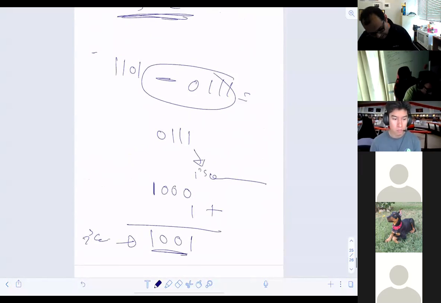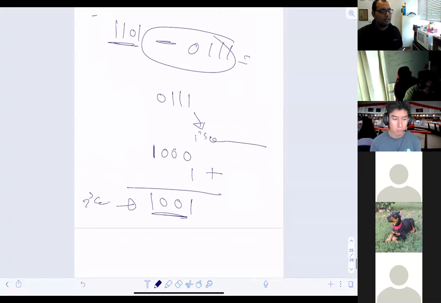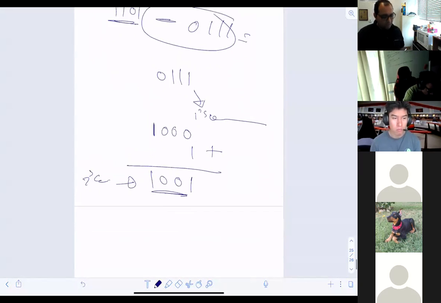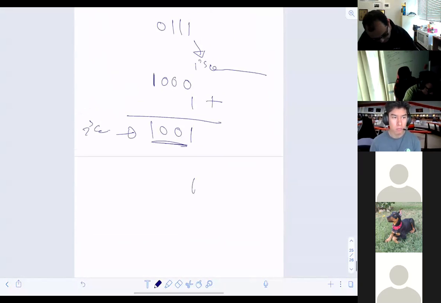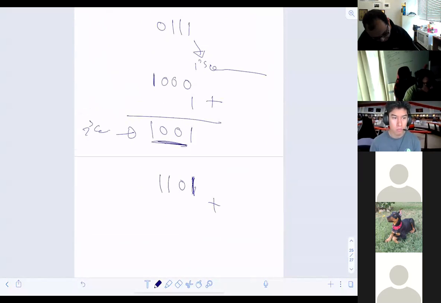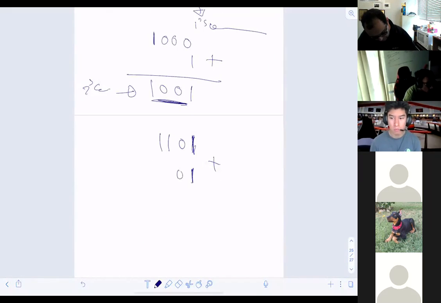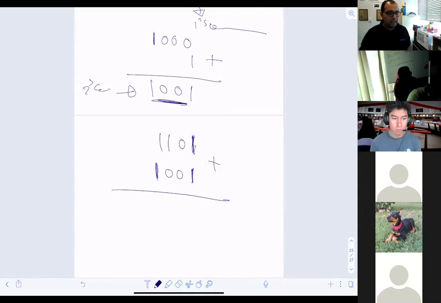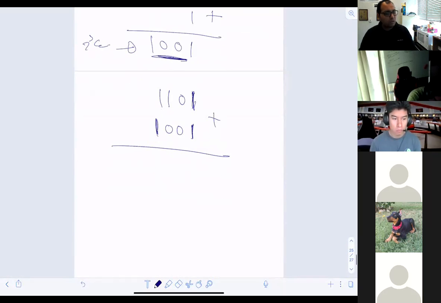I take this and I take this and I start adding them to each other, right? Let's see what will happen. So it's going to be 1, 0, 1, 1, plus 1, 0, 0, 1. Let's add. So here, 1 plus 1 is what? 0.